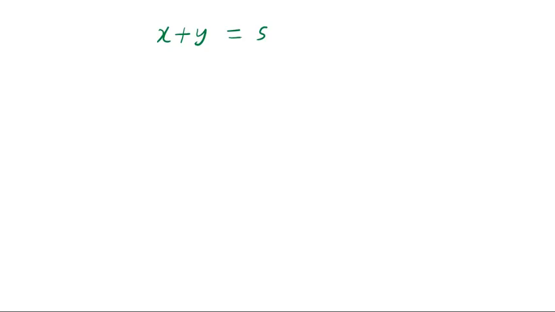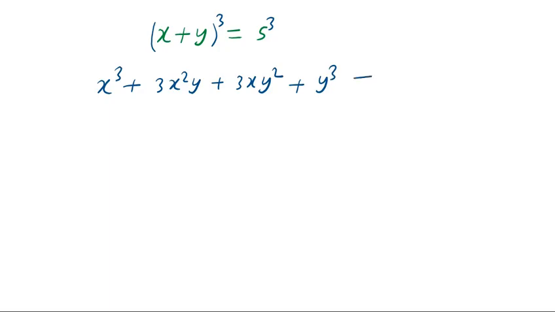If we take cube on both sides, we know that (x + y)^3 is x^3 + 3x^2y + 3xy^2 + y^3, equal to 5^3, which is 125.